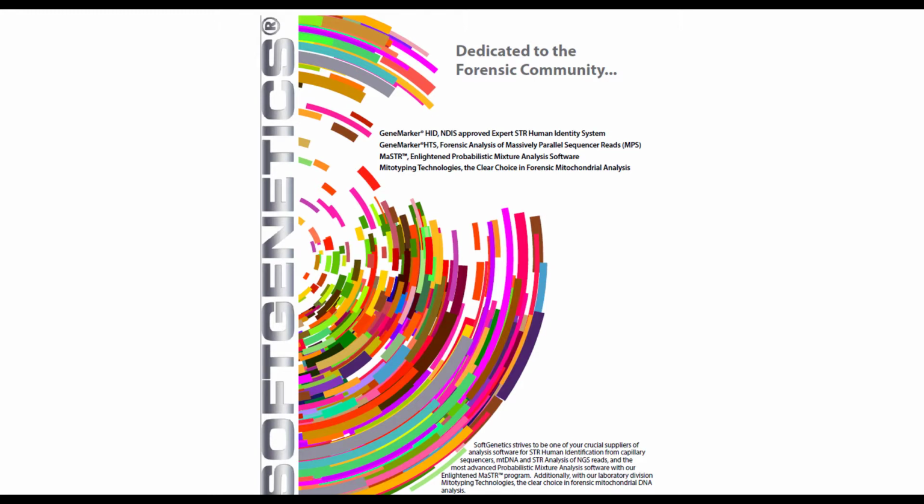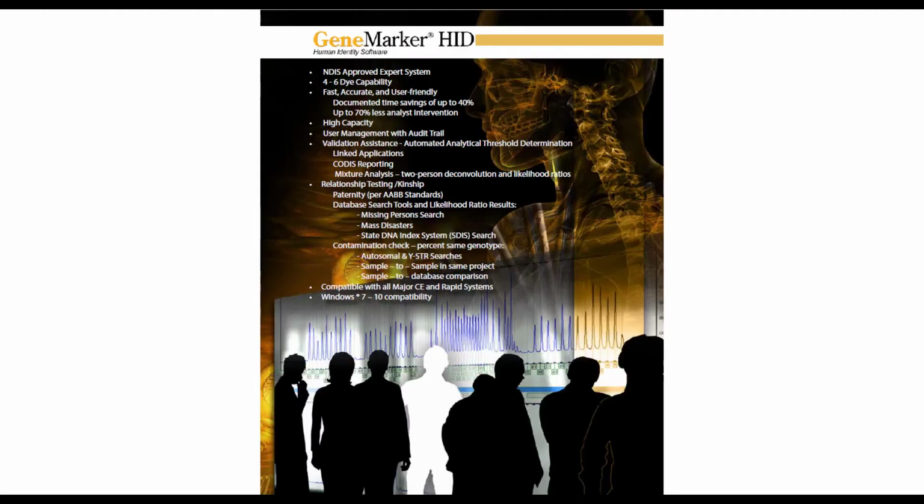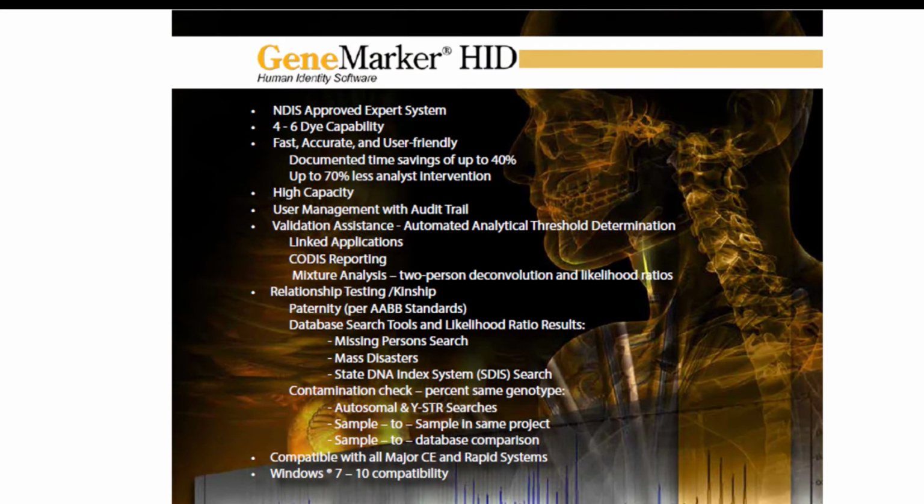In this video, I will be giving a general overview of GeneMarker HID STR human identity software and MaSTR Probabilistic Mixture Analysis software. GeneMarker HID is an NDIS-approved expert system for forensic profiling of human STR samples.